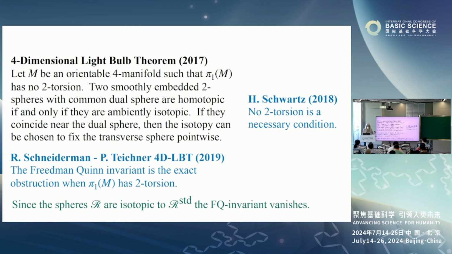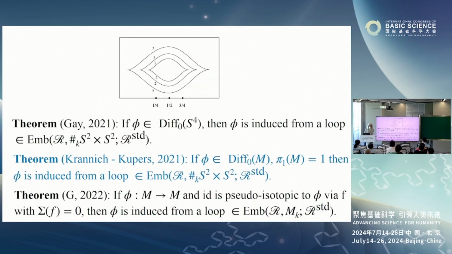So in fact, even when there's two torsion, you can isotope back. Okay, so that's the first thing where pseudo-isotopy at least inspired a theorem. So let me show you a next one.